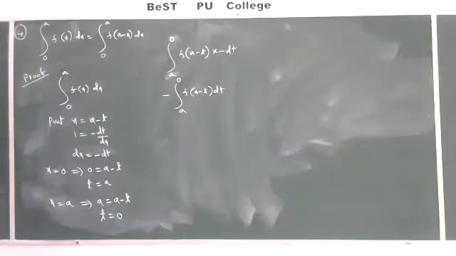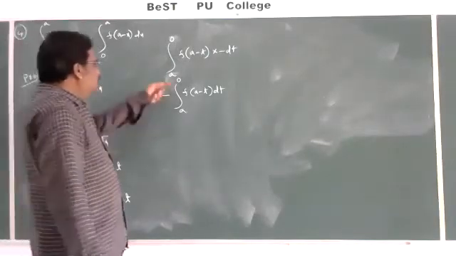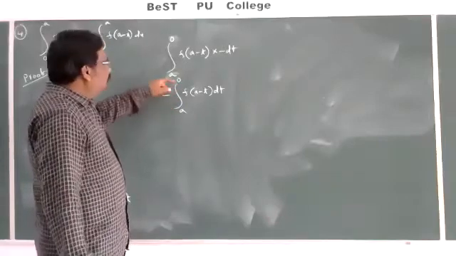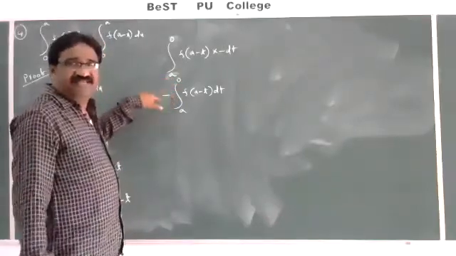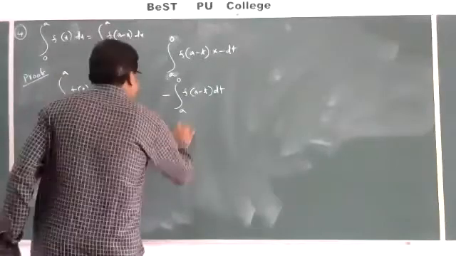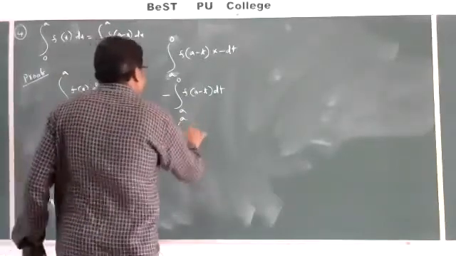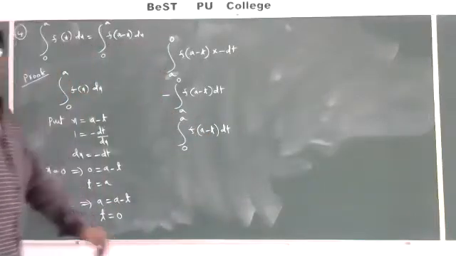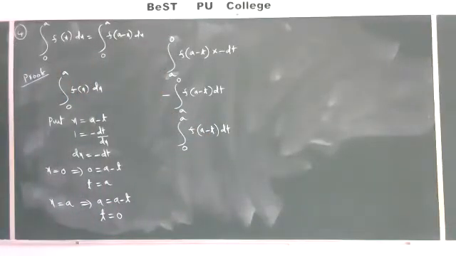For this minus, the limits are interchanged. When the limits are interchanged, we get minus into minus, plus, that is integral 0 to a f of a minus t dt.